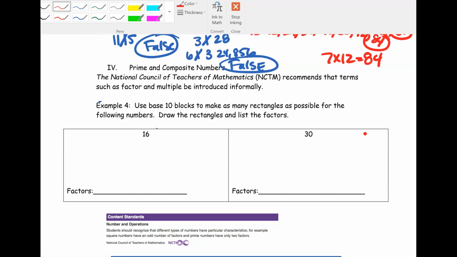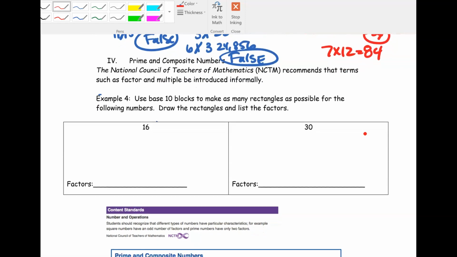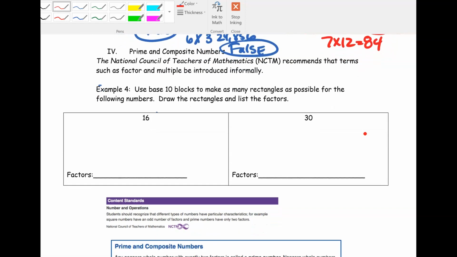Okay, so next part, we're going to talk about prime and composite numbers. So this next part, example 4, asks to use base 10 blocks to make as many rectangles as possible for the following numbers. So I don't have base 10 blocks in front of me, but basically what this is asking is if you can imagine, for instance, a unit block.